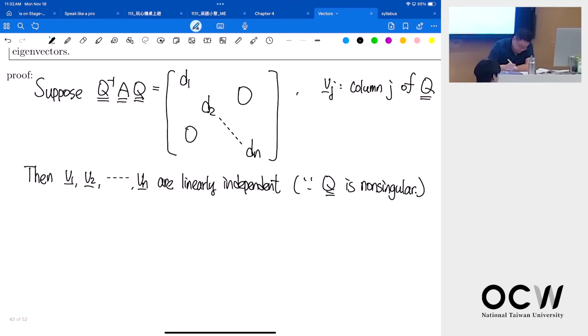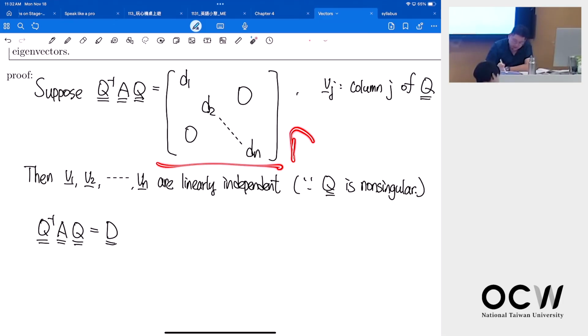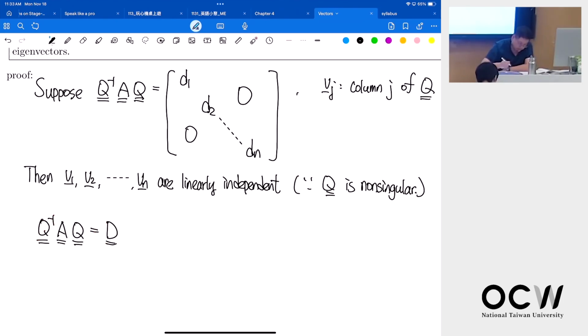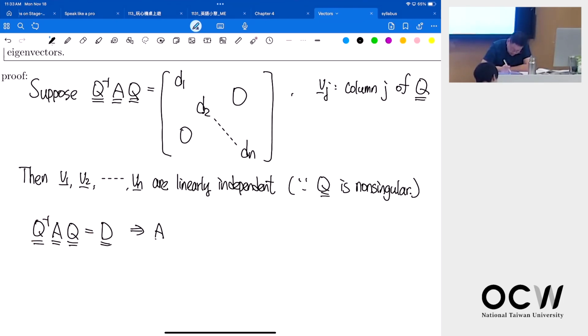And then Q inverse AQ will be the diagonal matrix D. If you multiply Q on the left-hand side, here I also multiply Q, this becomes the identity matrix. So AQ equals QD.